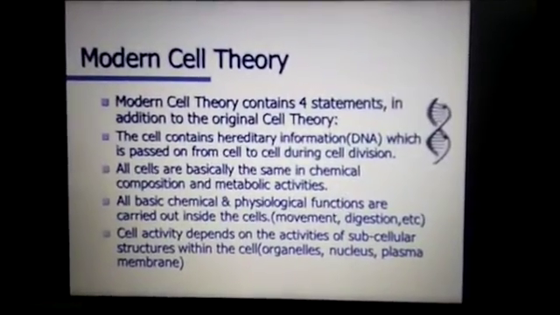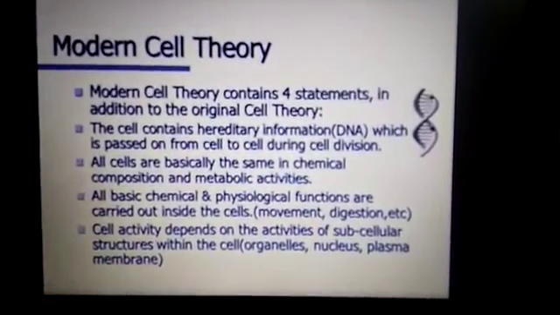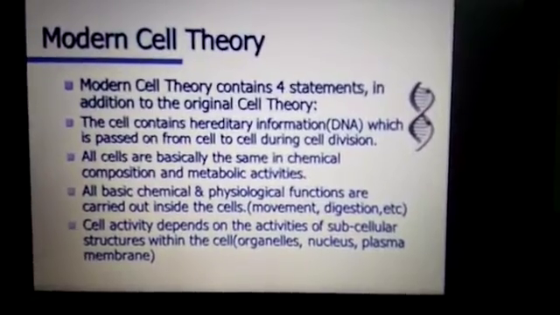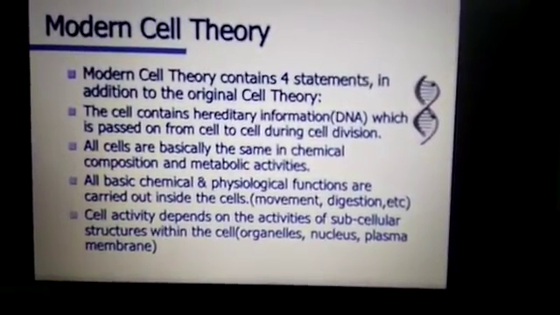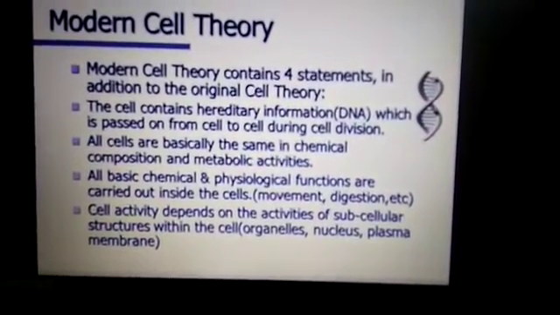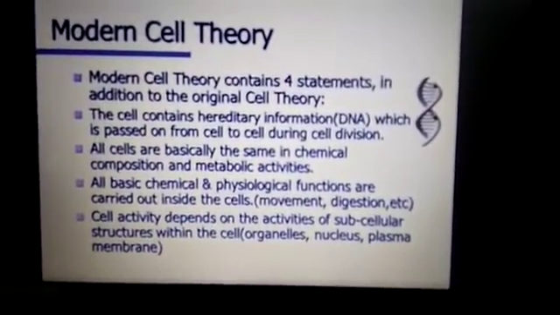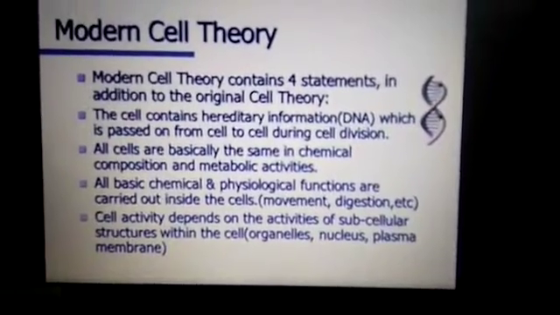And next, modern cell theory. What is modern cell theory? It contains four statements in addition to the original cell theory. The cell contains hereditary information, which is DNA, and is passed from cell to cell during cell division. All cells are basically the same in chemical composition and metabolic activities.